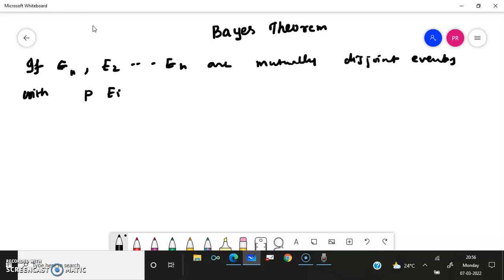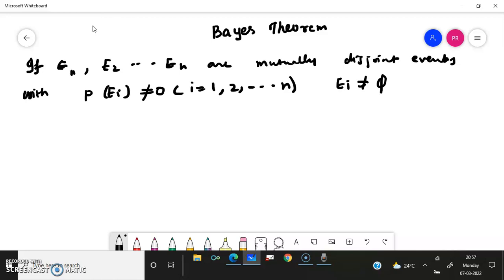probability of Ei is not equal to 0. Means all the events exist and none of them is an empty set. So all the events E1, E2, E3 and so on to En exist and Ei is not an empty set, because P of Ei is not equal to 0.